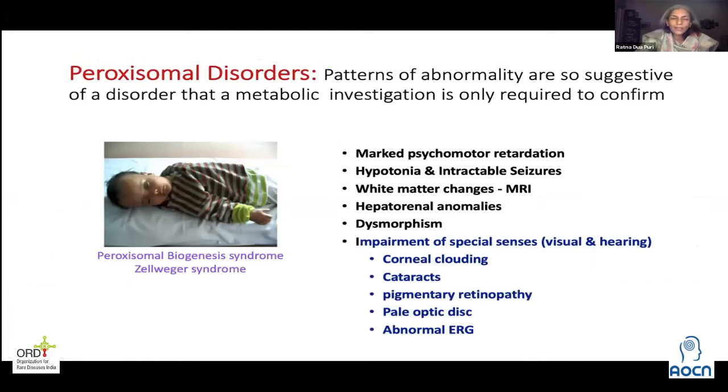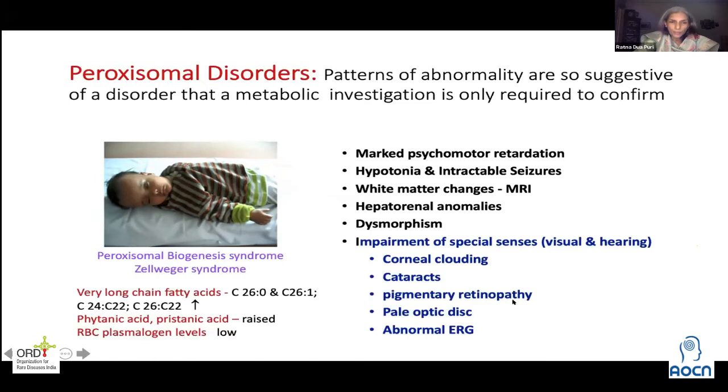Now, this is the hallmark of the biogenesis disorders, Zellweger syndrome, which is associated with marked psychomotor retardation, a Down syndrome-like facies, hypotonia, intractable seizures, white matter abnormalities on the MRI, and hepatorenal anomaly, so it's called the cerebrohepatorenal syndrome. And in the eye, we could have corneal clouding, cataracts, pigmentary retinopathy, and a pale optic disc.